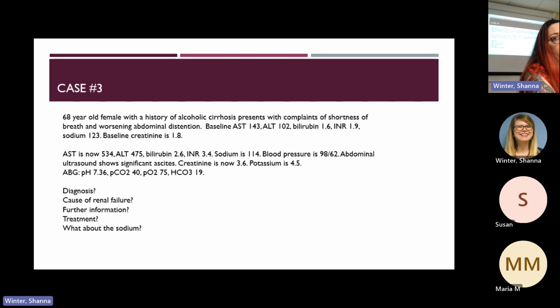You need to know her platelet count, her fibrinogen. Because what is the treatment for this patient going to be? Immediately, there's other things we need to be doing, but what is the immediate treatment for this patient? You need to get that fluid off the belly.